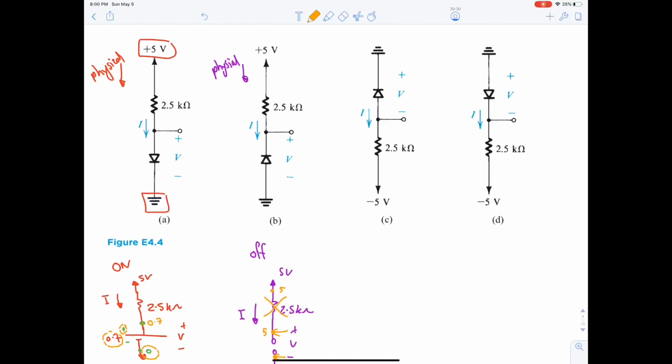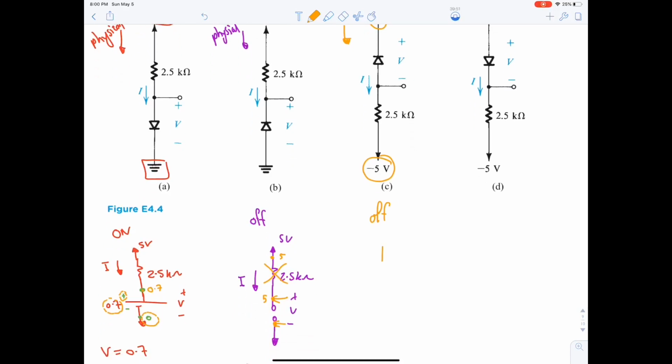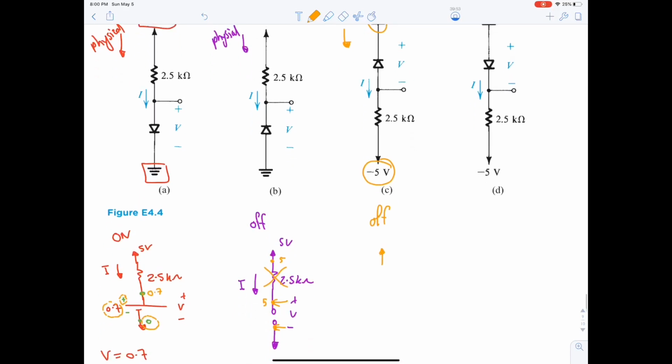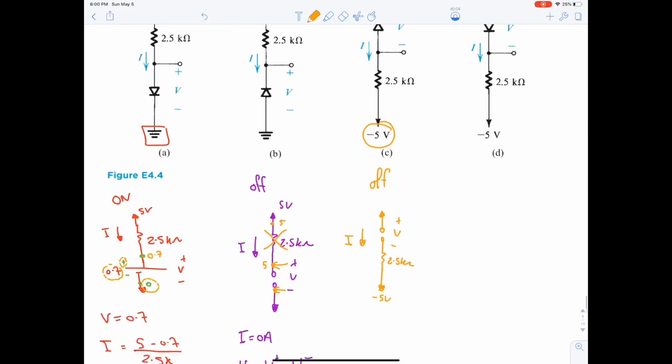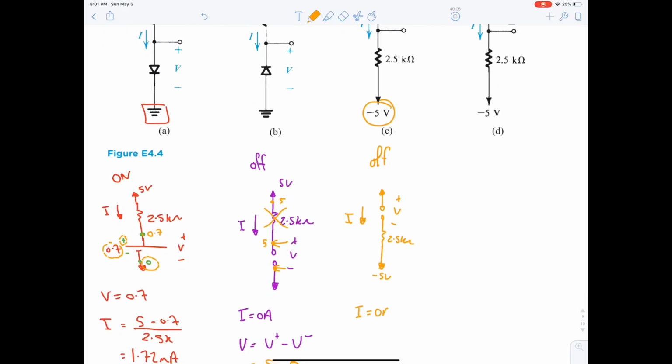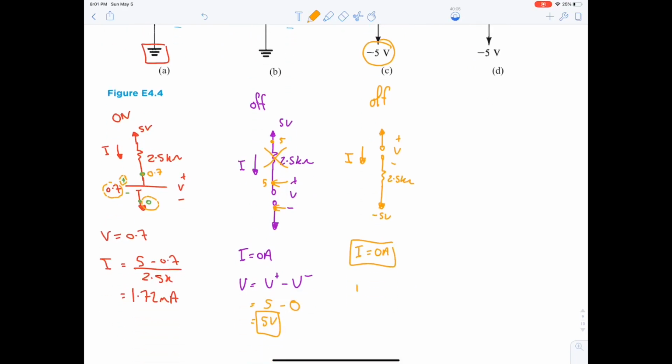Next part. Here we have high potential and low potential, so physical current is in this direction. Now, the diode is also off, so we are going to represent it as an open circuit, with the 2.5 kilo ohm, and here we have minus 5 volt, plus minus V and I. I is directly 0 because of the open circuit, and V is equal to V positive minus V negative.